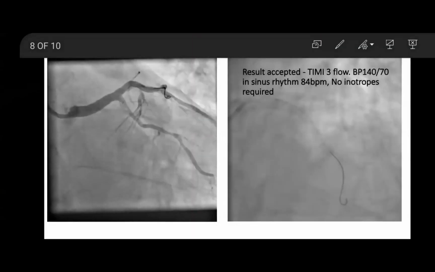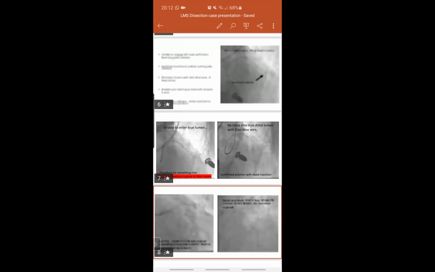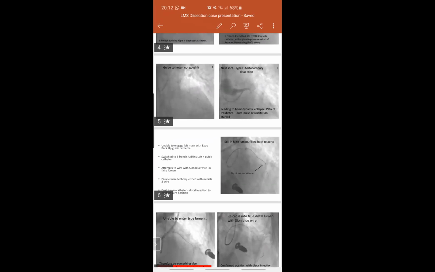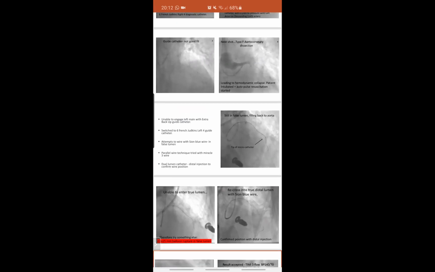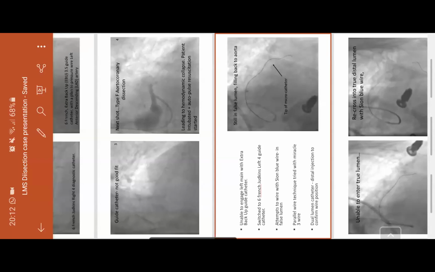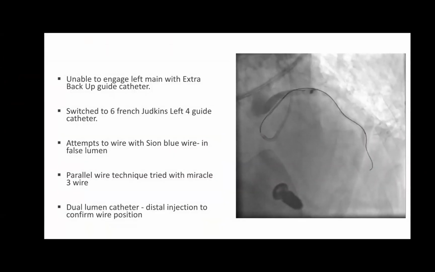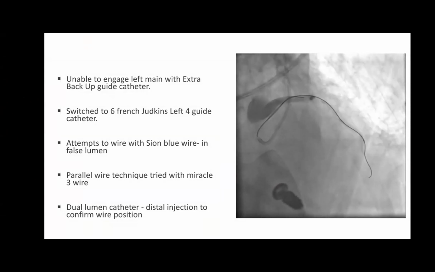But as soon as it's dissected, the left main is big. It's 6-7 millimeters, and actually the true dimension of the left main is probably about 3 or 4 millimeters. The rest of it is the false lumen, and the false lumen is going to be 3-4 times the size of the true lumen. Trying to wire there is near impossible, I think.